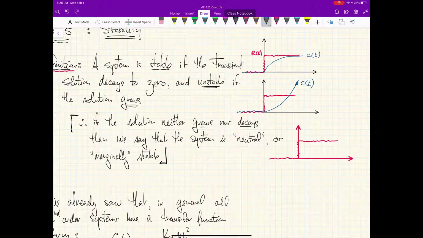So instead, what I'm going to do now is overlay on top of these two first graphs what a second order stable and unstable system looks like. And then I'll do the marginally stable, which is properly defined, on the third graph. So let's change color here. For the stable second order system, the response is going to look like that.